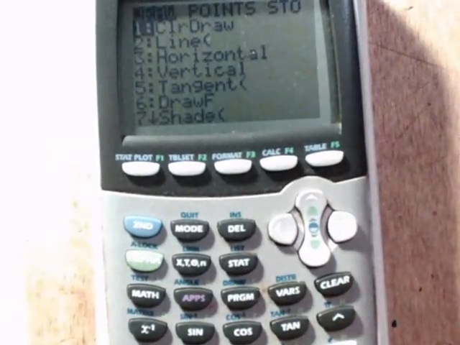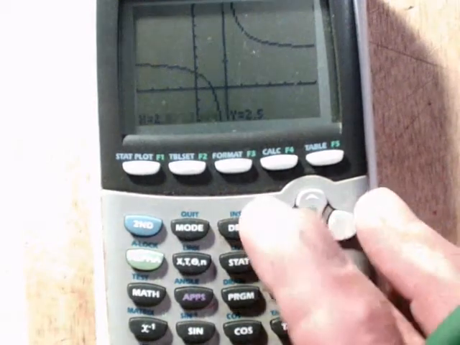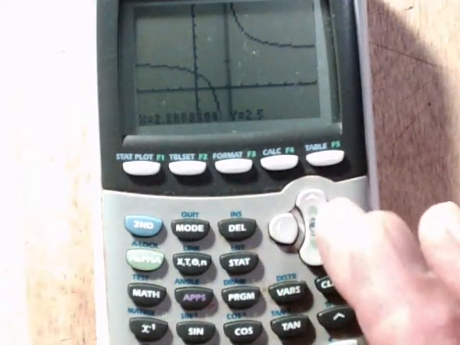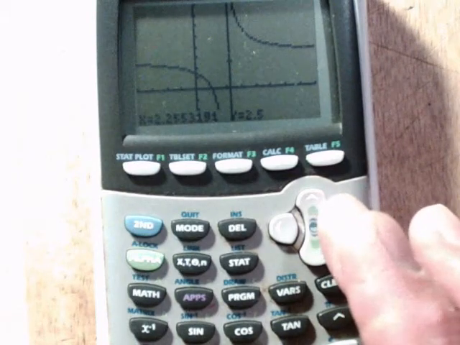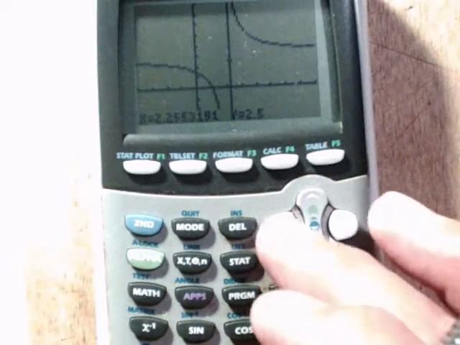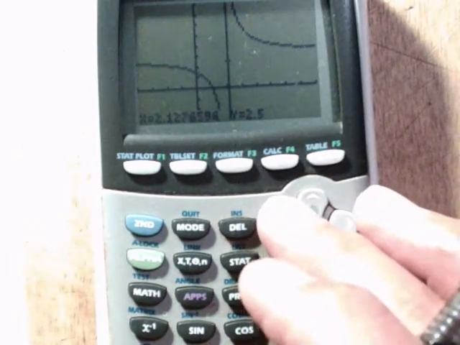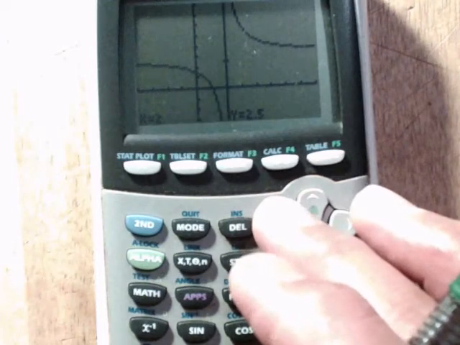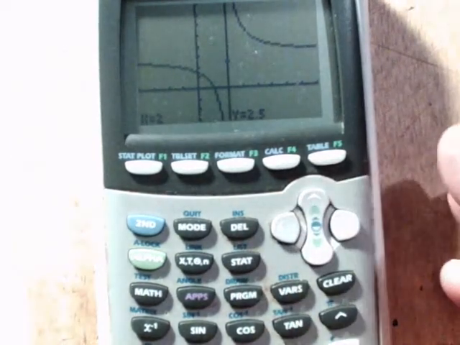If I choose number 4, vertical, then I can move to the left and right. As I move it, look at the x value. Because x equal to 2 is your vertical asymptote, just move it to the left until you see 2, like that, x equal to 2.